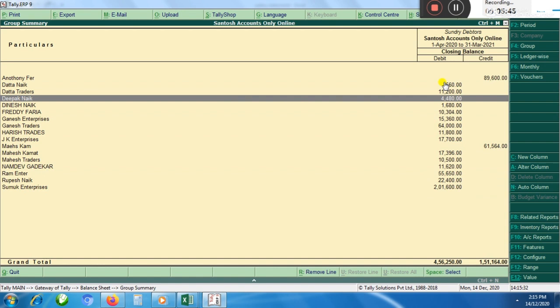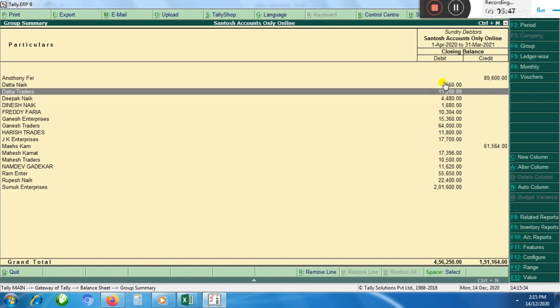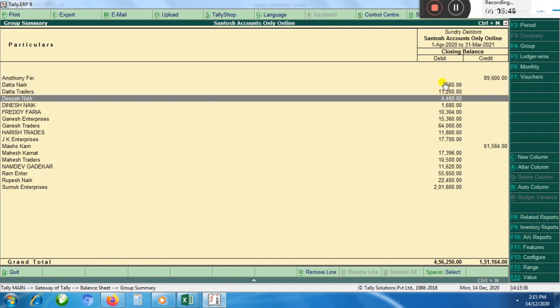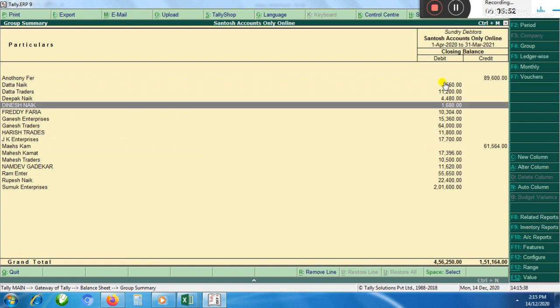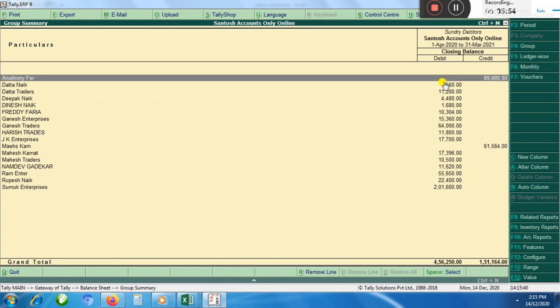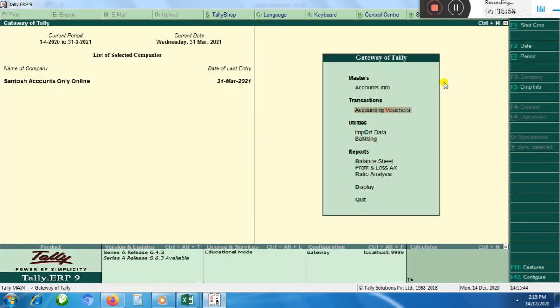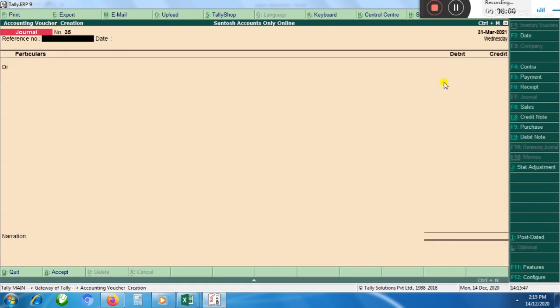That's why it is called debtors. If in some account it is shown on the credit side, that means those amounts are paid in advance to the debtors. Remember. Now I'll just show you one entry. Suppose the advance is paid to someone.